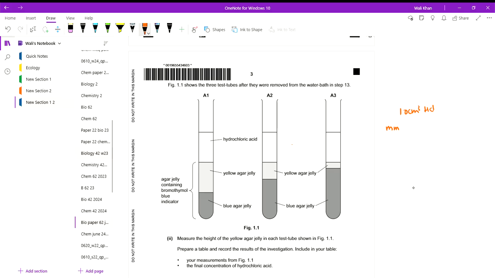If you measure the height of yellow agar jelly, it is about 25 millimeter here, 14 millimeter here, and 5 millimeter here. So write it on the table.